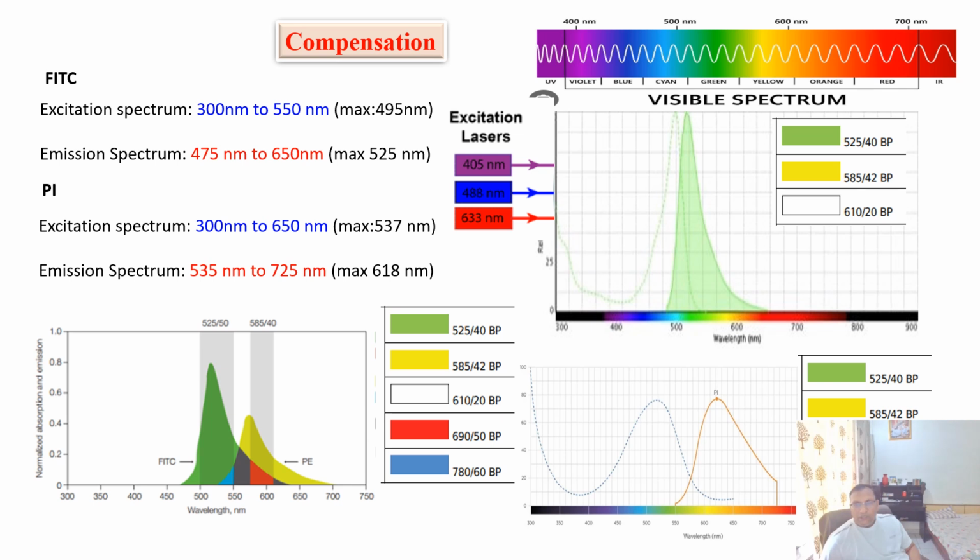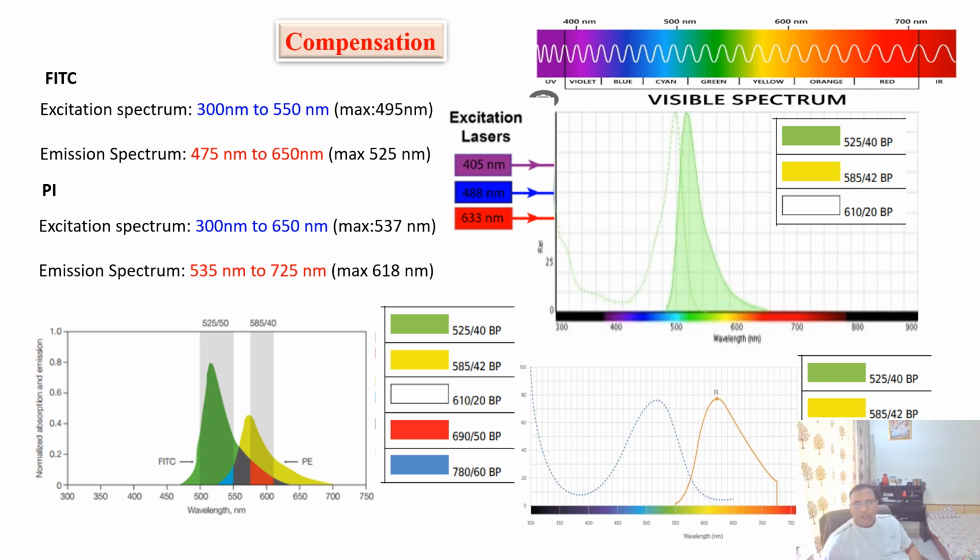For the emission, this is very important. The emission wavelength of FITC ranges from about 500 to 650. Remember it. The peak is about 525.